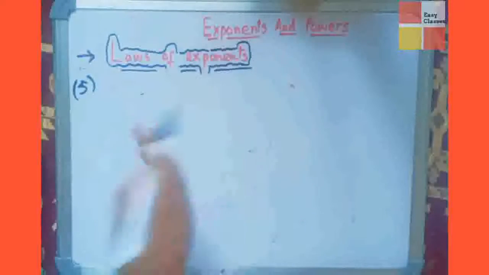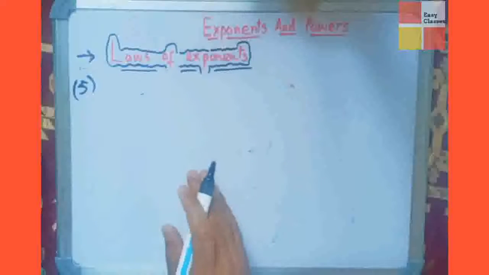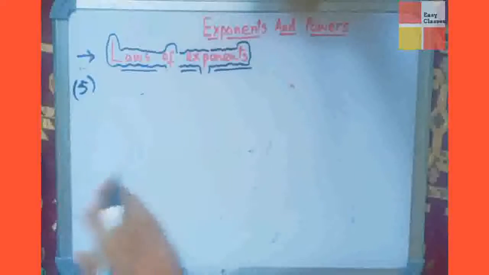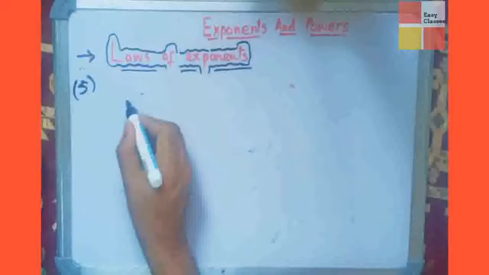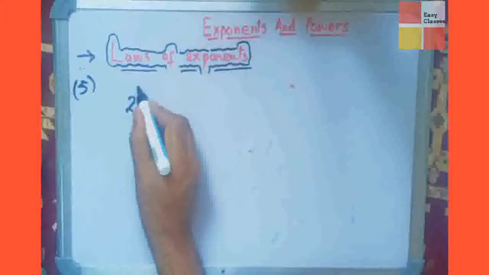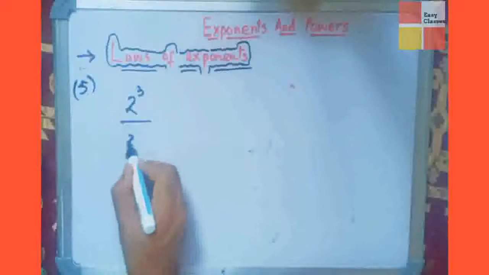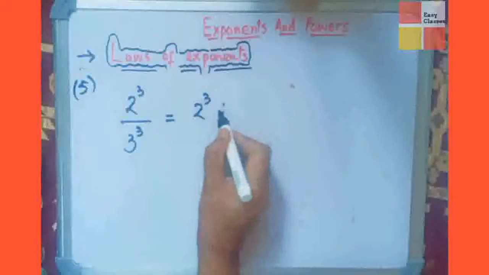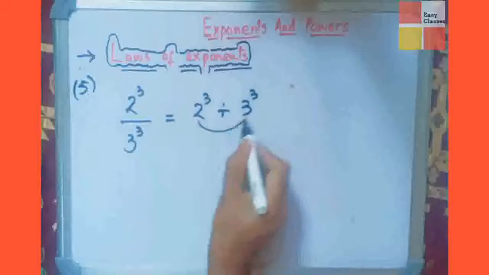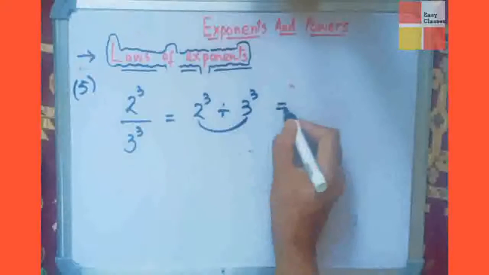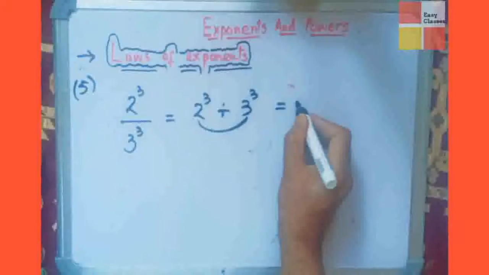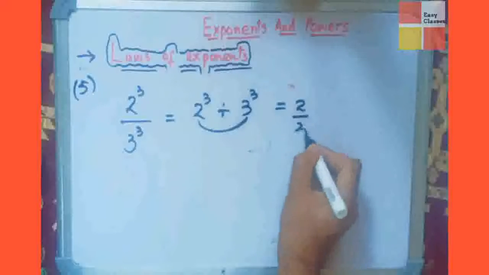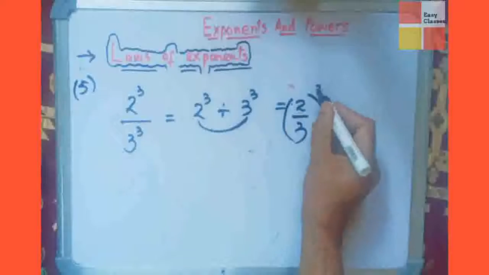Now the fifth law. It is similar to the one which we discussed a minute ago. Say for example, it is 2 raised to power 3 divided by 3 raised to power 3. Here the bases are different, but the powers are same. So you can put it like this: 2 divided by 3, whole raised to power 3.